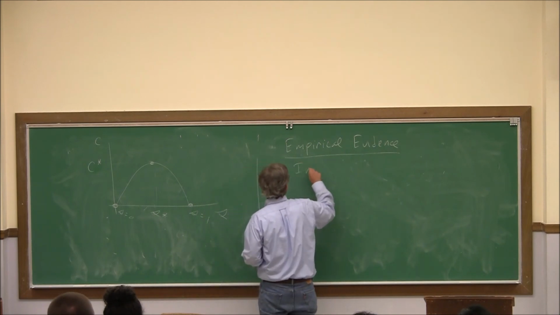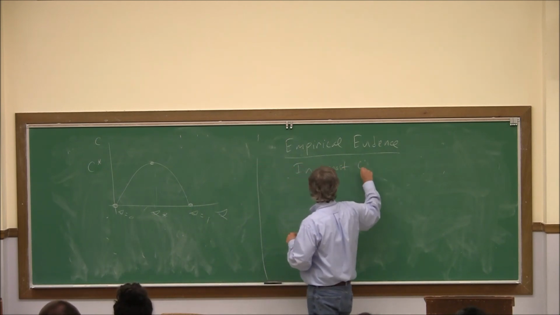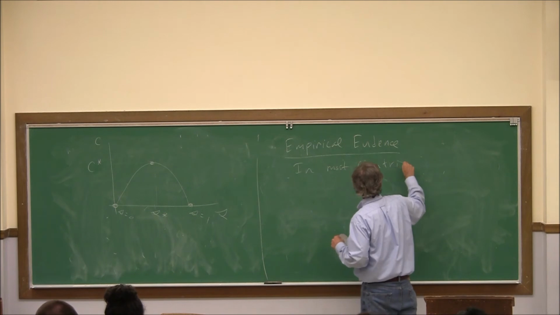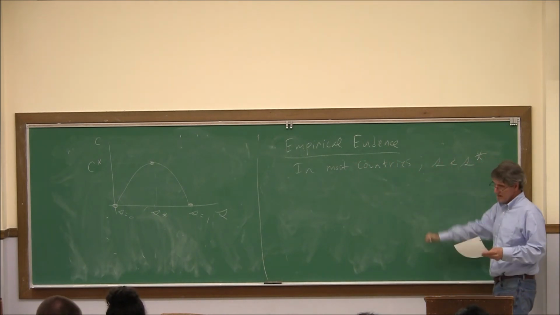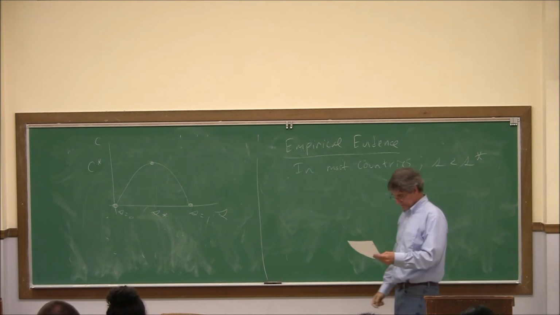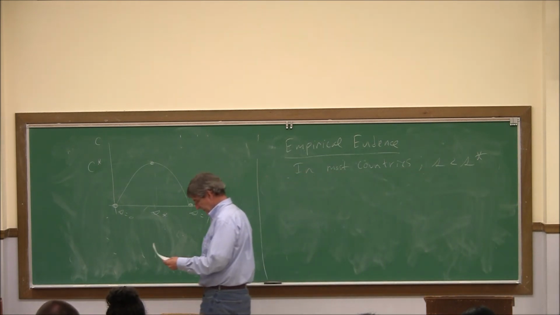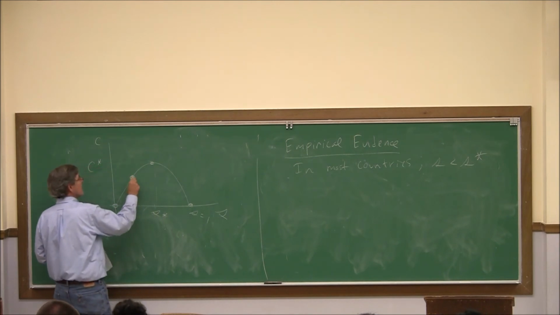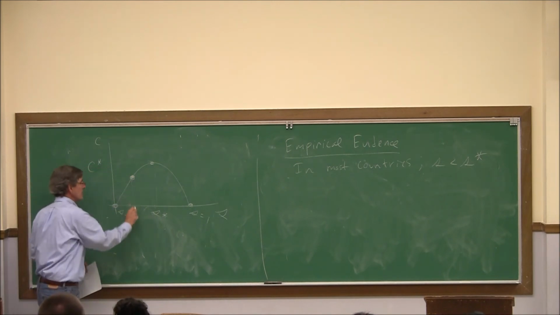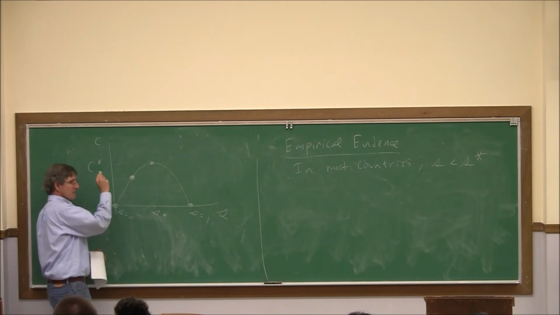In most countries, and we'll look at this for the US a little later, S is less than S star. So mostly you're at a point where S is too low, consumption is too low.